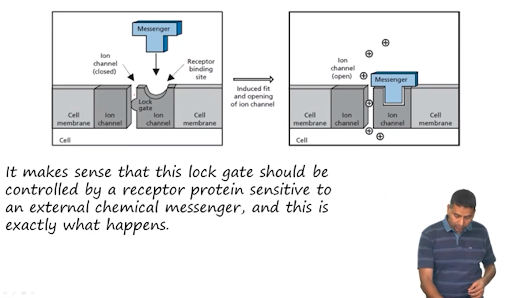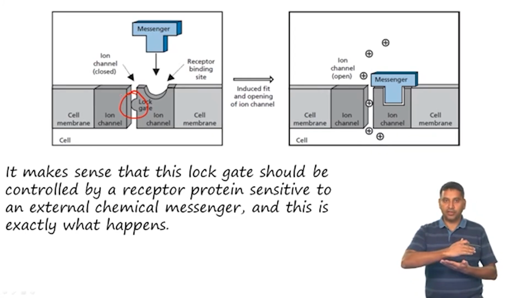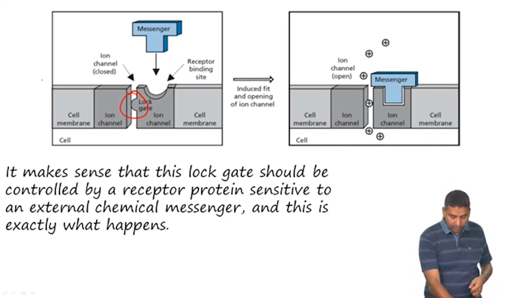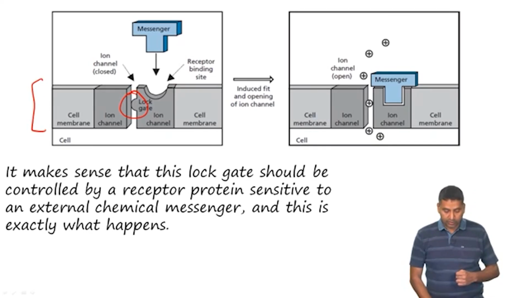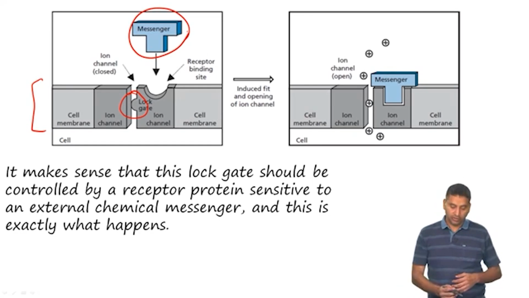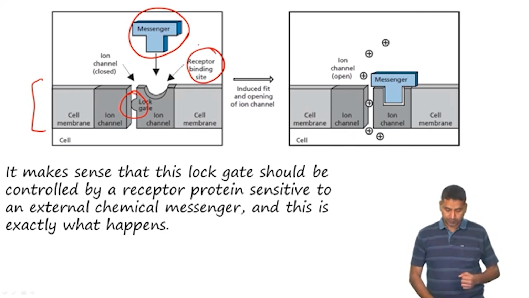Here you initially have an ion channel wherein it is locked. This is the gate that needs to be opened, and here is the cell membrane, which is a highly lipid rich region. Now, once a neurotransmitter or a messenger comes in, there is a site for the binding of this messenger.